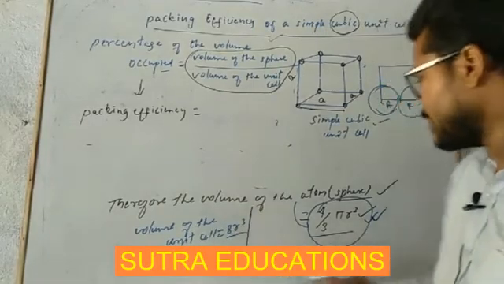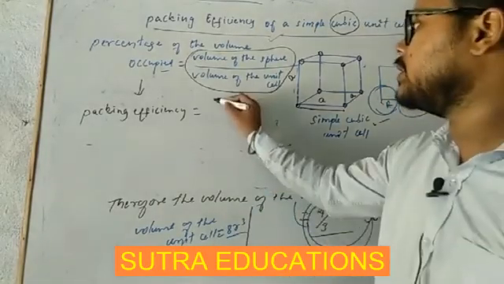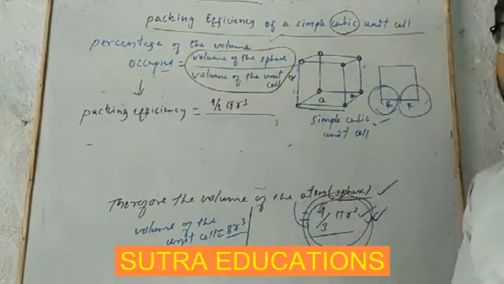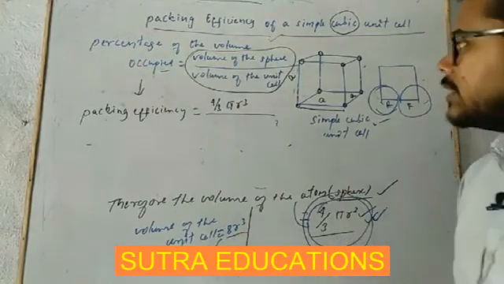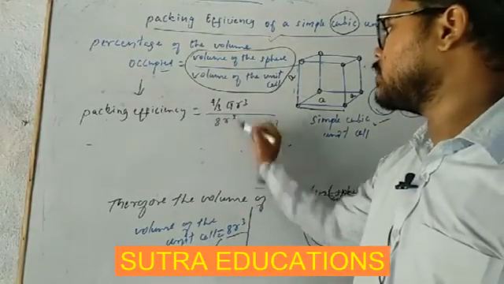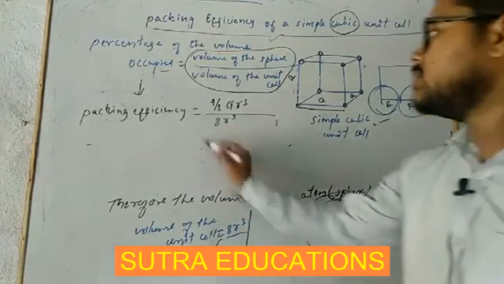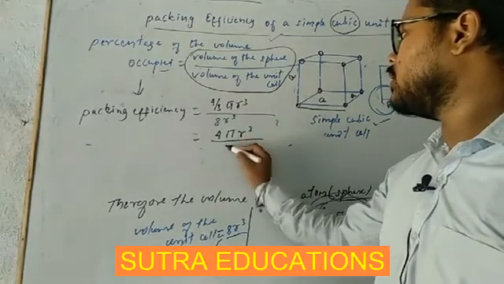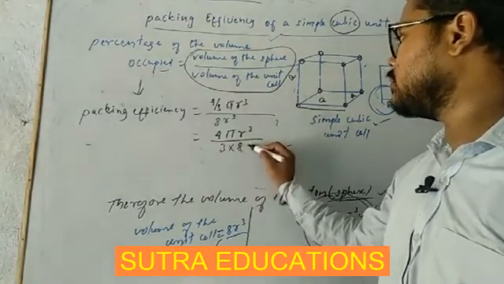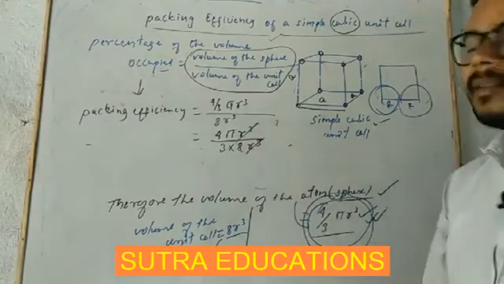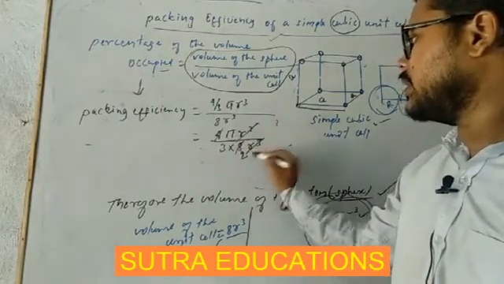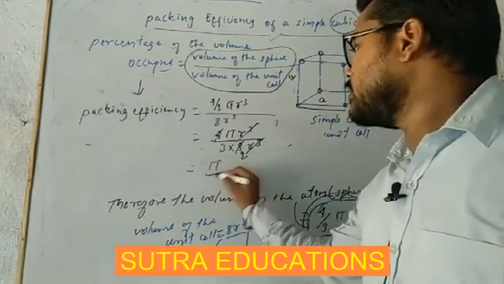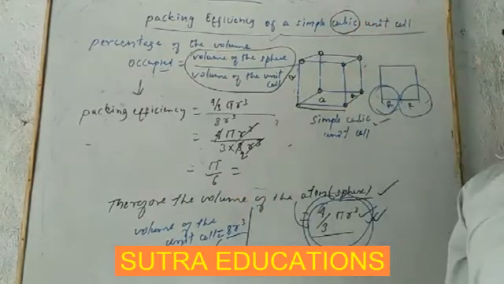Volume of the sphere is 4 by 3 pi r cubed, upon volume of the unit cell, which is 8 r cubed. Okay, it is equal to 4 pi r cubed upon 3 into 8 r cubed. R cubed got cancelled. 4 twos are 8. So it is equal to pi by 6.